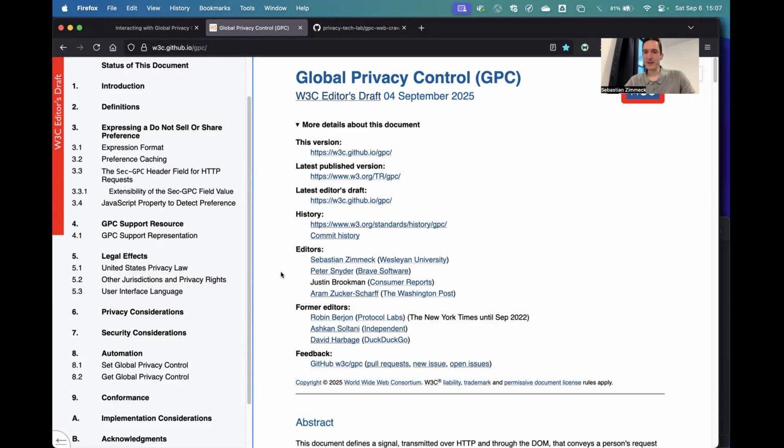But if you're in some other jurisdiction, it could mean, for example, to object to the processing of data for ad purposes under the GDPR. In that sense, GPC is a mechanism that can be filled with different meaning depending on what local laws are saying or how local regulators or legislators interpret this signal.